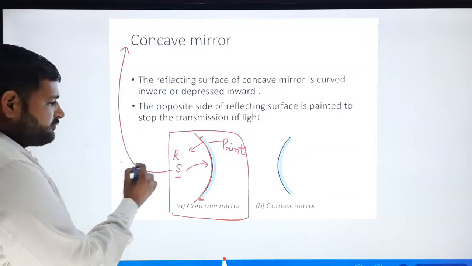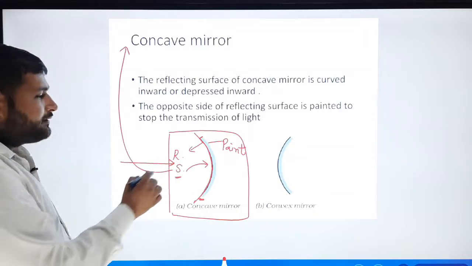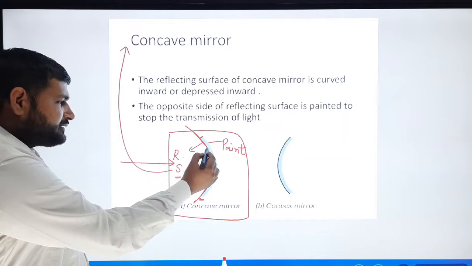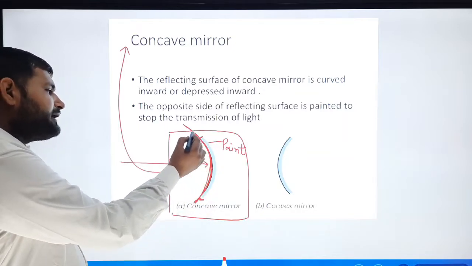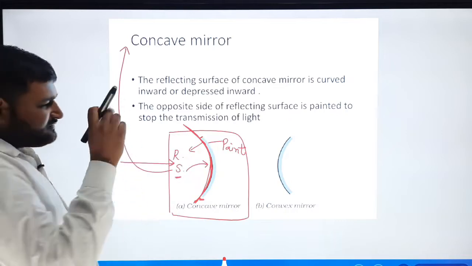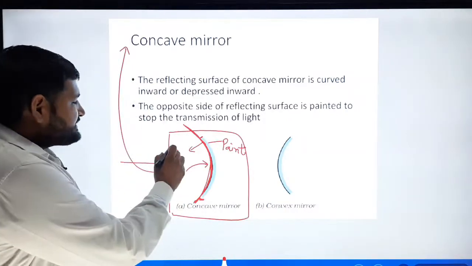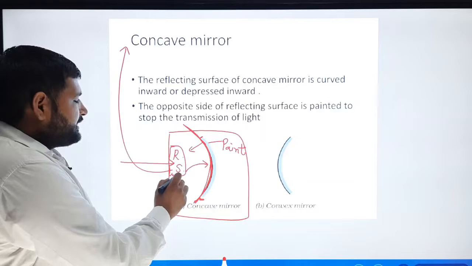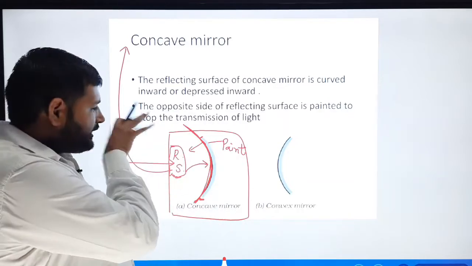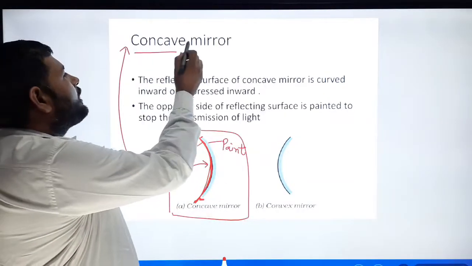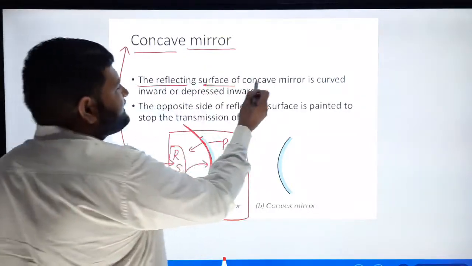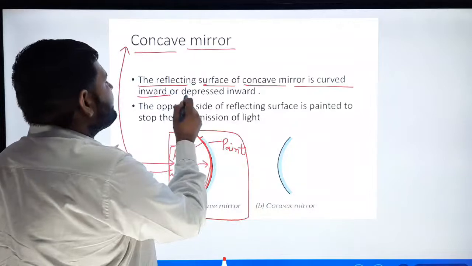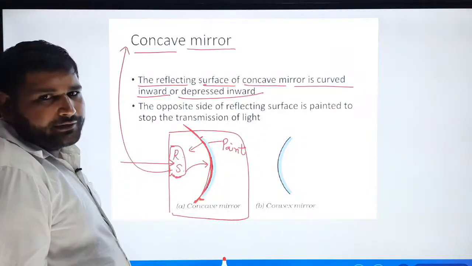If we look from the side, from the left side, then it seems that the reflecting surface of the concave mirror is depressed inward. So the spherical mirror which has the reflecting surface depressed in inward direction is called a concave mirror. That is the definition of concave mirror. The reflecting surface of a concave mirror is curved inward or depressed inward.